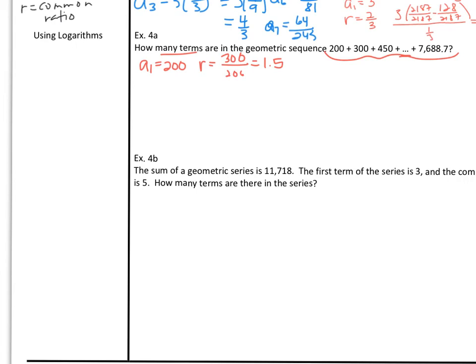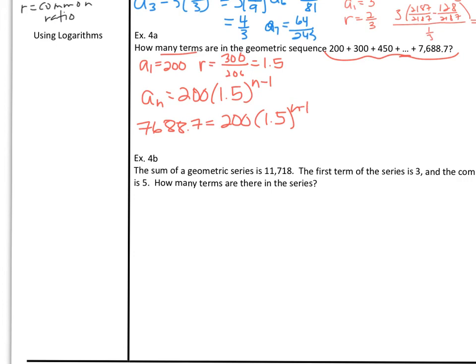Once you know a sub 1 and r, we come up with our explicit formula: a sub n equals 200 times 1.5 to the n minus 1 power. Now we know the last term is 7,688.7, but we just don't know what term number that is.